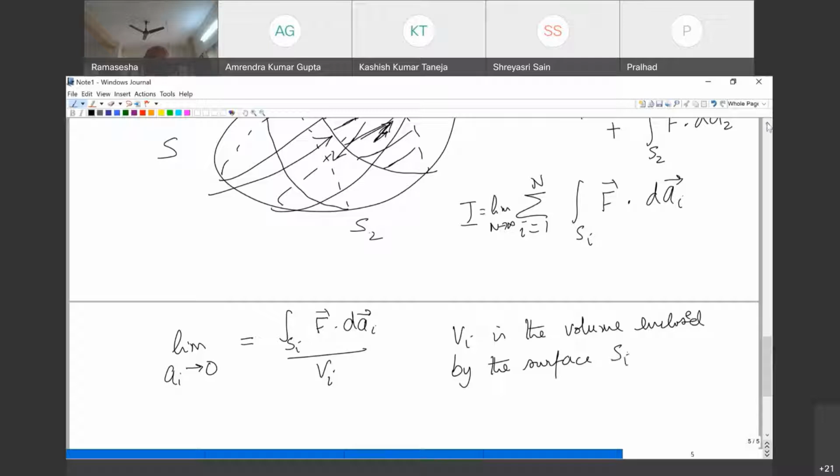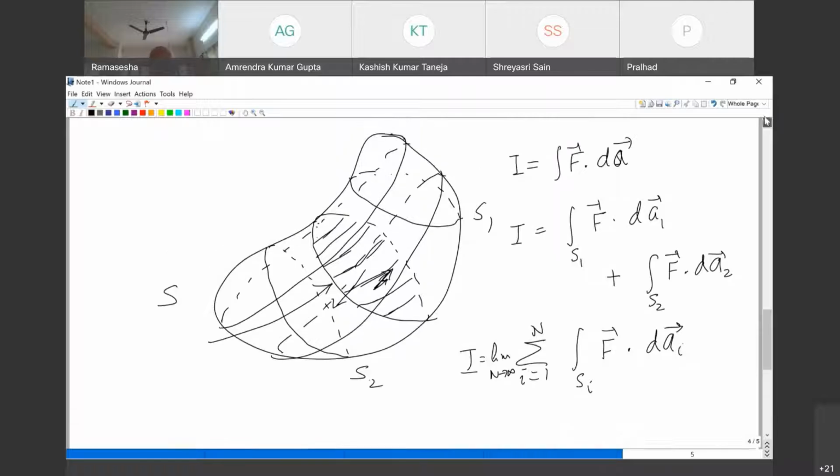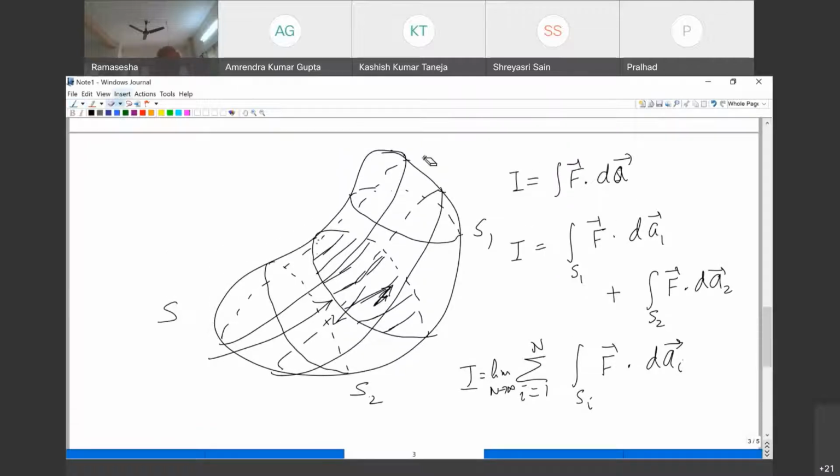Because initially this was the whole volume of this entire surface. When I subdivided it, I was looking at smaller and smaller volumes because the surface area was shrinking.